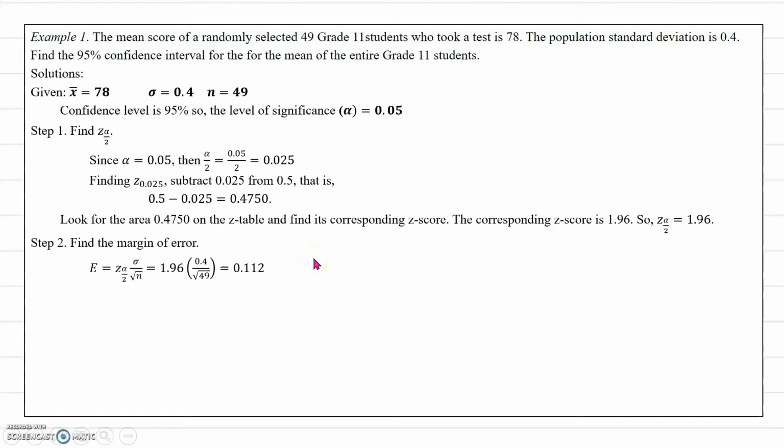Let's just substitute. So we have 1.96 times our population standard deviation, 0.4, over the square root of 49. So it will give us 0.112.